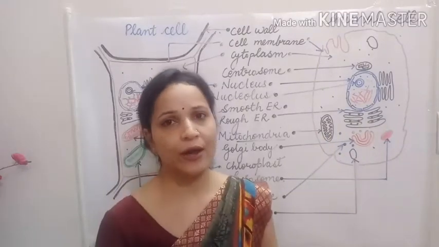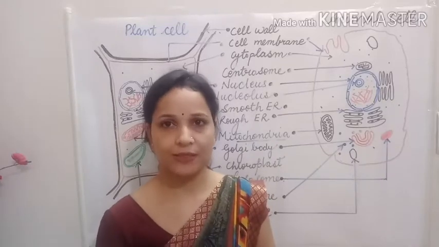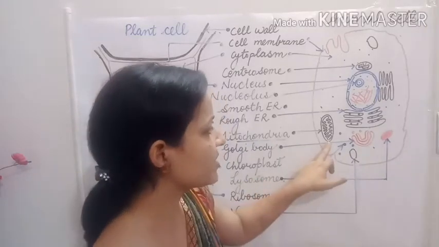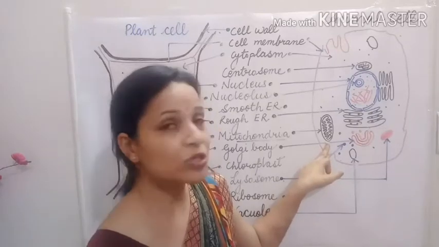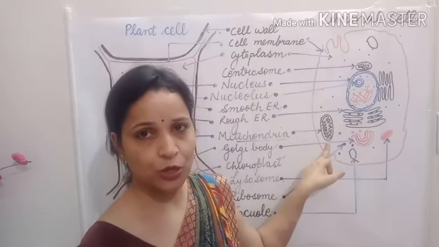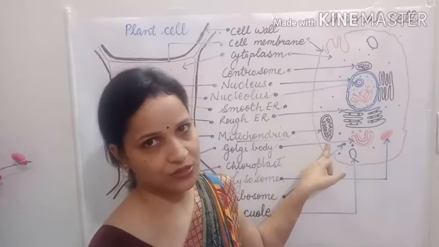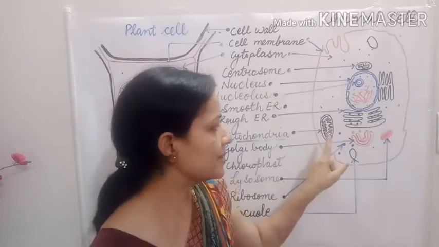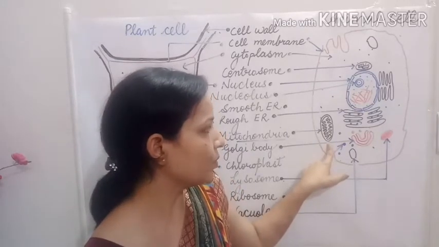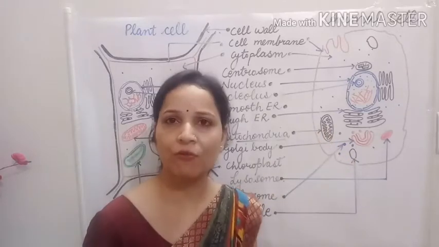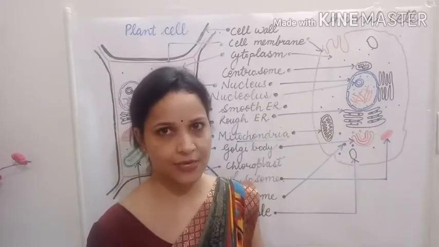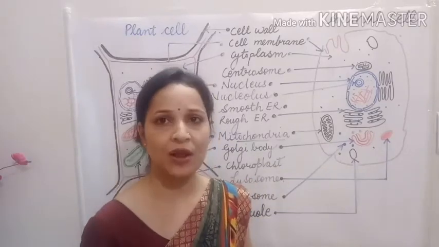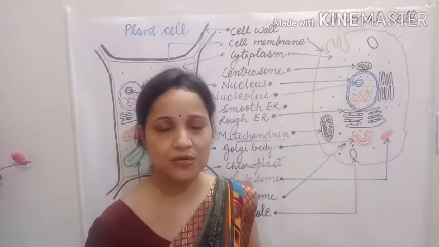ATP stands for adenosine triphosphate. That's why mitochondria is known as the powerhouse of the cell, which provides energy to carry out different life processes. So here ATP is the energy currency and mitochondria is the powerhouse of the cell.